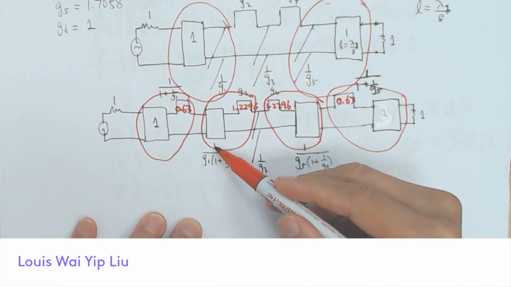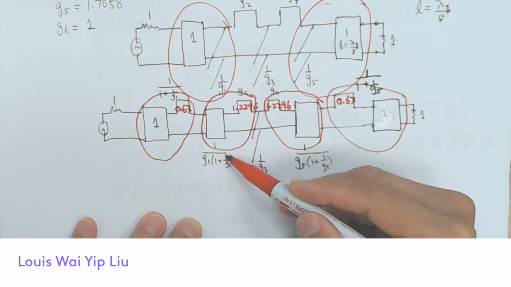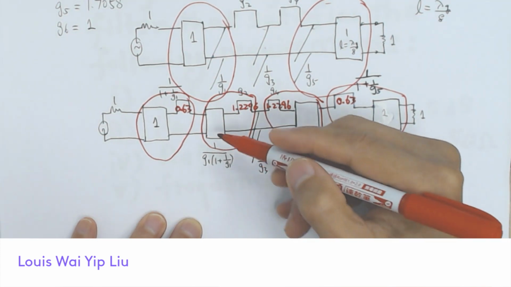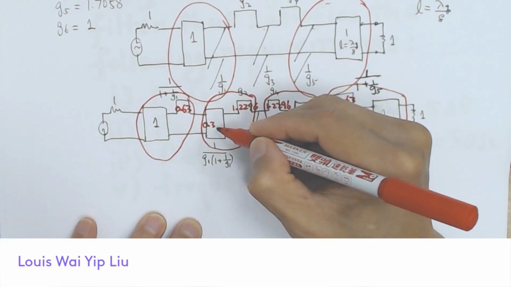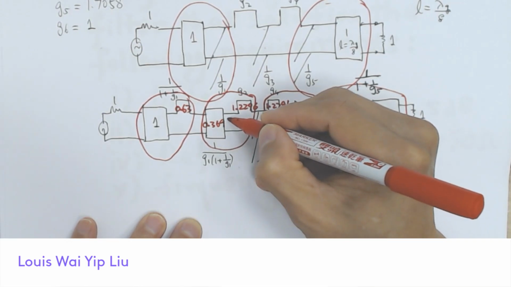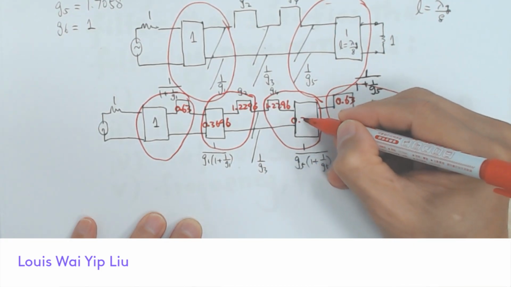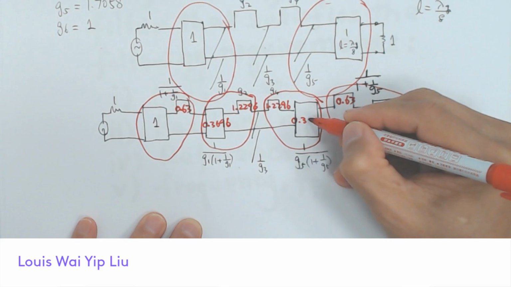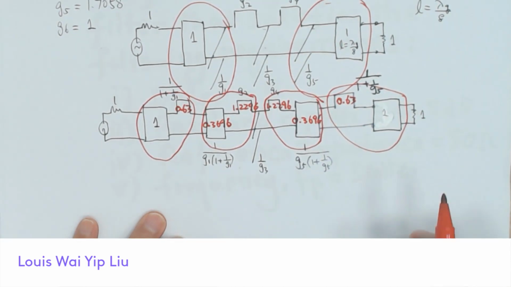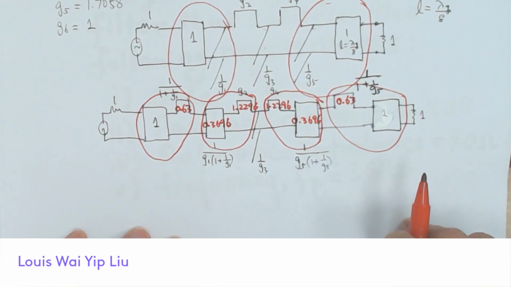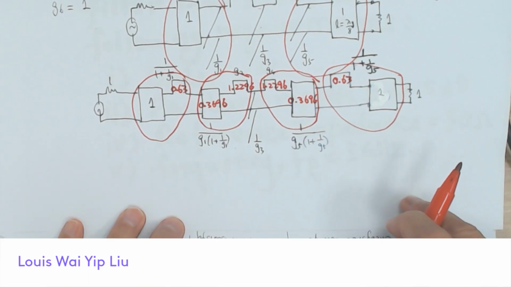And this one here, 1 divided by G1 bracket 1 plus 1 over G1. And according to my calculation here, it is 0.3696. And similarly, this one is 0.3696. So now it's pretty clear. We can move on to the next stage.